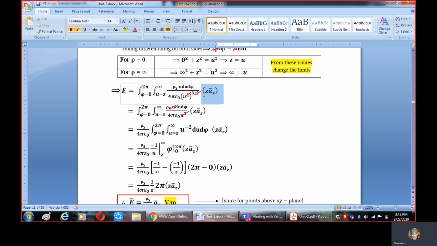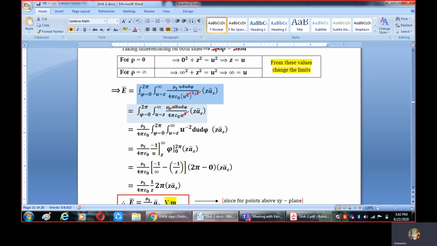By simplifying again, here we have rho s, u du d phi, and 4 pi epsilon naught, u squared whole power 3 by 2. In the denominator, the 2 and the square get cancelled, leaving u cubed, and z a z bar. The u gets cancelled: u cubed with u squared times, 1 by u squared in the denominator, becomes u power minus 2.